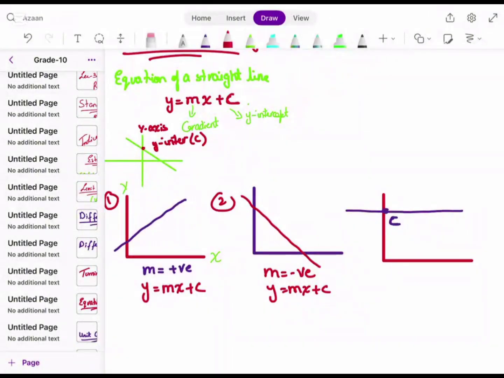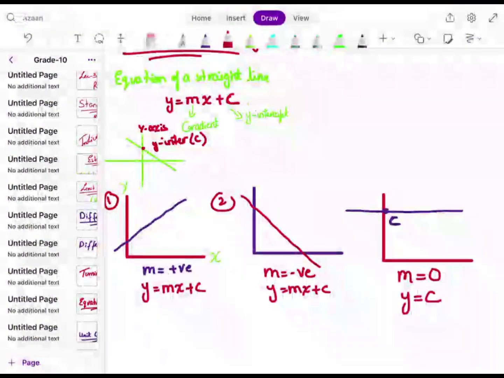Now the slope will become 0, and the equation will become y equals c, because the line only intersects the y-axis, not the x-axis in this third condition.